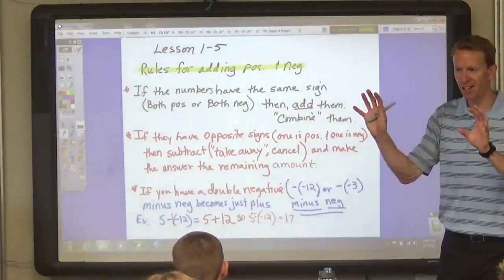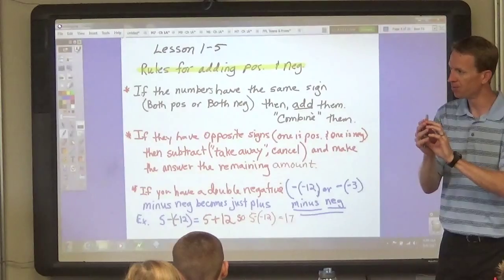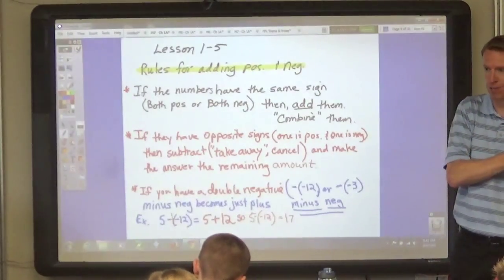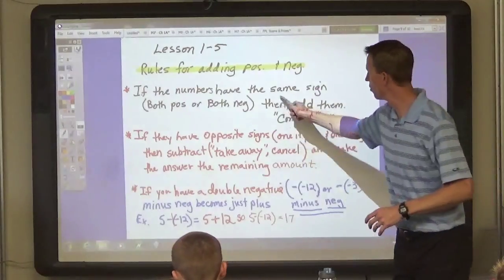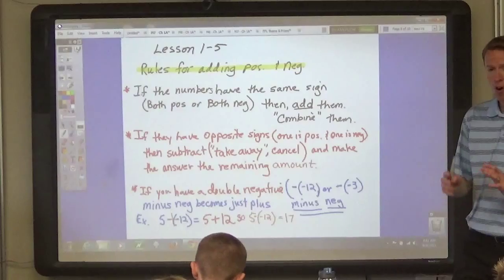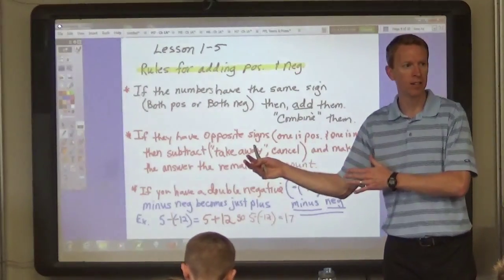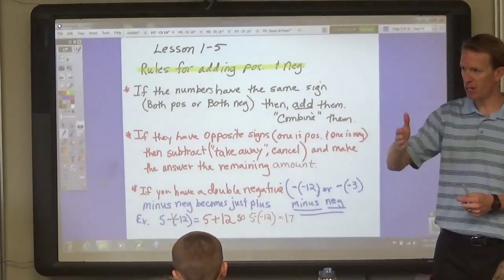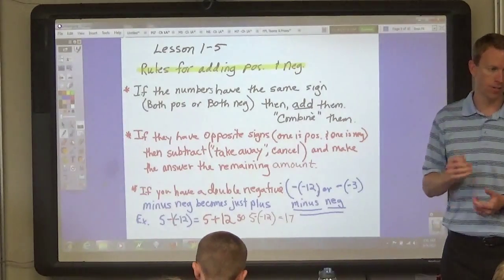Negative 5 plus negative 7 is negative 12. When you add 2 negative numbers, it becomes more negative. That's what this first rule is about. Okay? So if all of the numbers that you're adding are negative numbers, the value is becoming more and more negative. Okay?